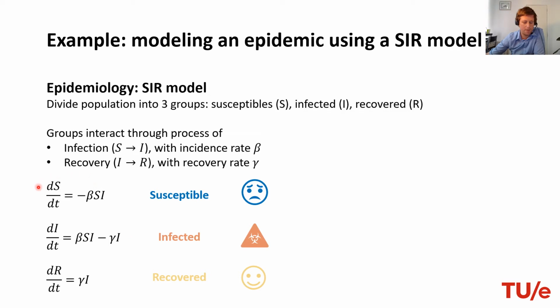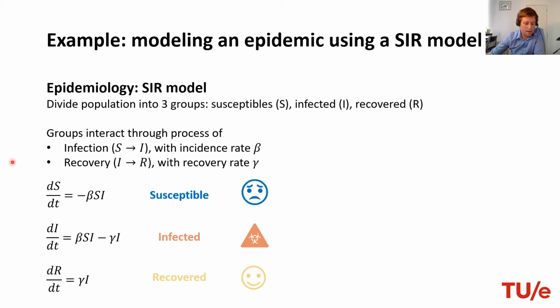So the amount of susceptible people gets reduced in time by this infection, and those infected people get added to the amount of infected, to the I, which is the amount of infected people. And the amount of infected people here gets reduced by a recovery rate times the amount of infected, which then transition to a recovered class of people.